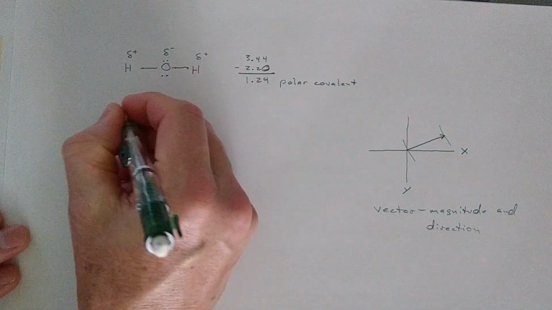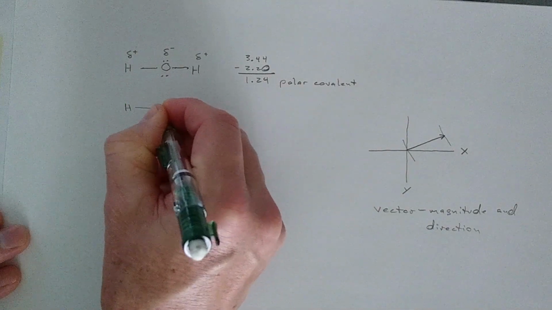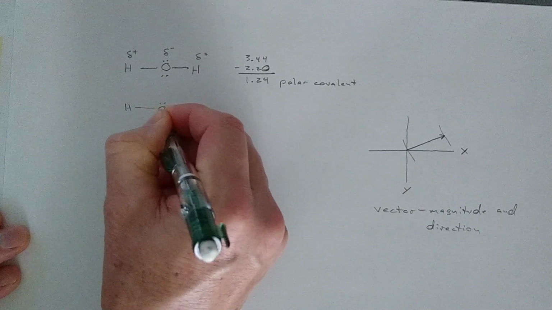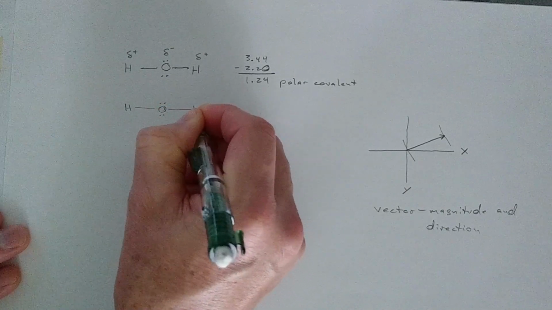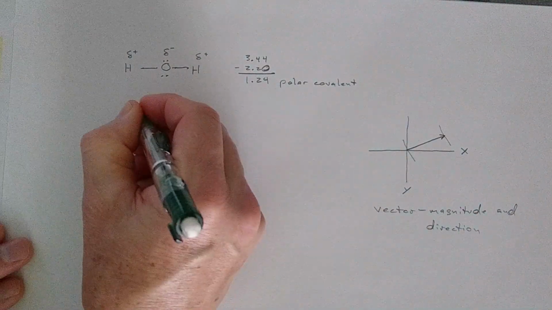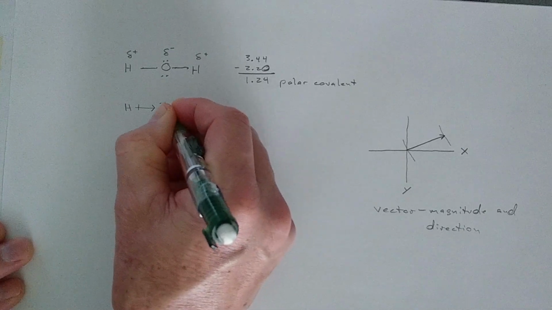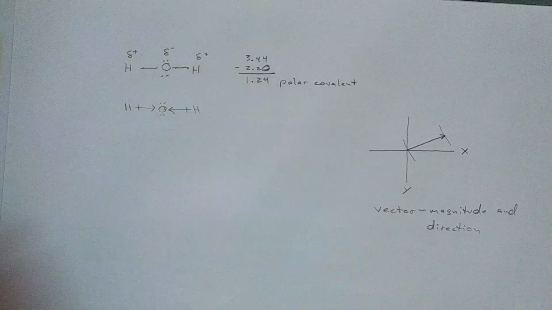We return to our water molecule and we say, well, what do we have here? Let's go ahead and redraw our Lewis structure. And I will say, let's indicate this bond is a polar bond, and this bond is a polar bond.